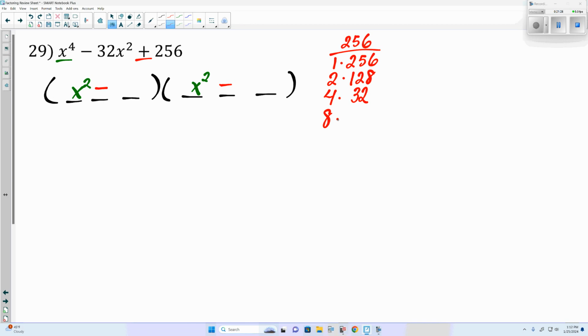Make sure. 16 and 16. 8 is 32. 4 is 64. That's actually it. Which set of factors do we want to try first? Let's go with 16 and 16.